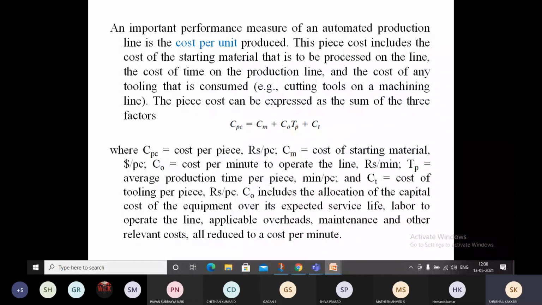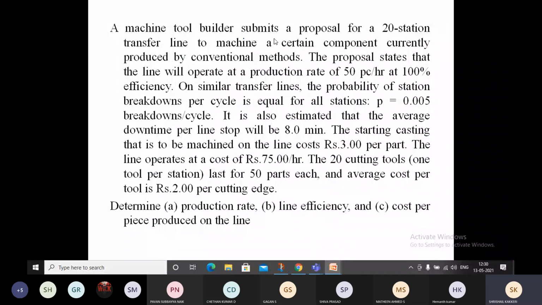And here I have a small problem, and you can go through it. A machine tool builder submits a proposal of a 20 station transfer line, n is equal to 20, to machine a certain component currently produced by a conventional method.